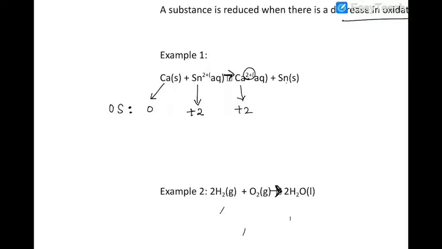Sn, an element in uncombined form, has oxidation state 0. So as you can see here, calcium is changing from oxidation state 0 to +2, which means you have oxidation here. And Sn is changing from +2 to 0. So here you have reduction.